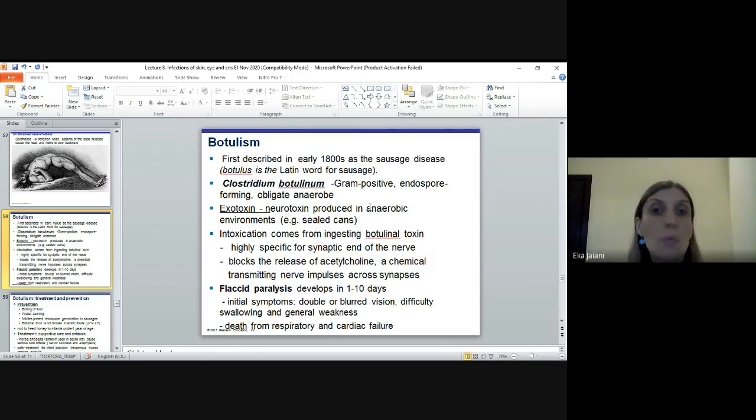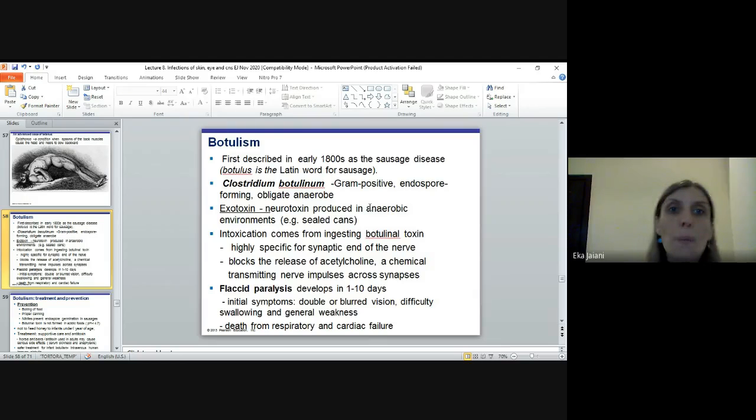this Clostridium botulinum wakes up in the can and produces exotoxin. So it is released from the cell of the bacterium, and it is also a neurotoxin. What does it do? It blocks release of the neurotransmitter acetylcholine, and it then blocks contraction of muscles.